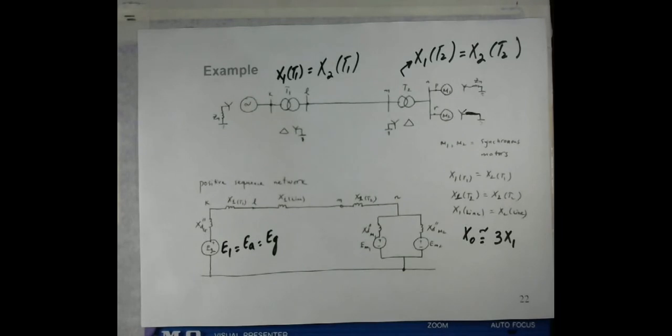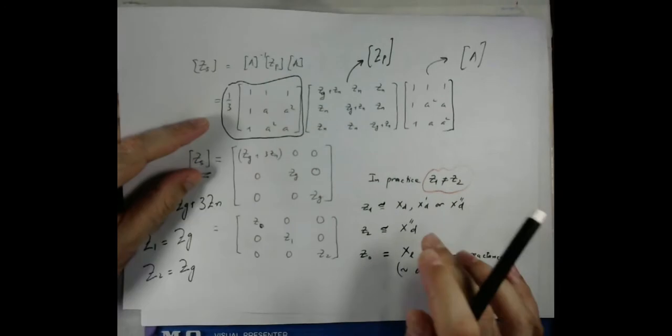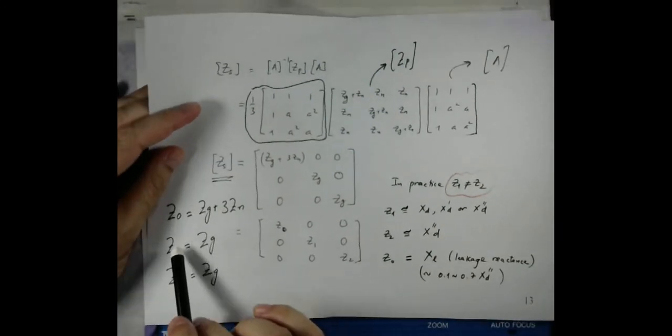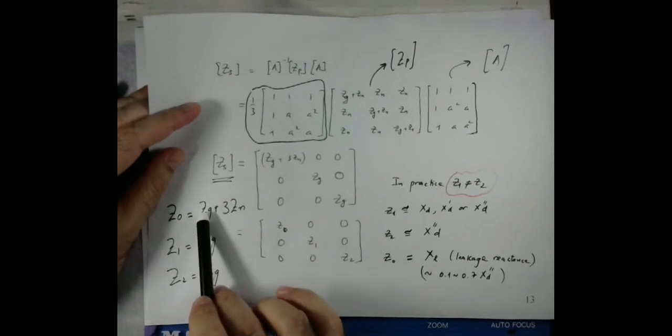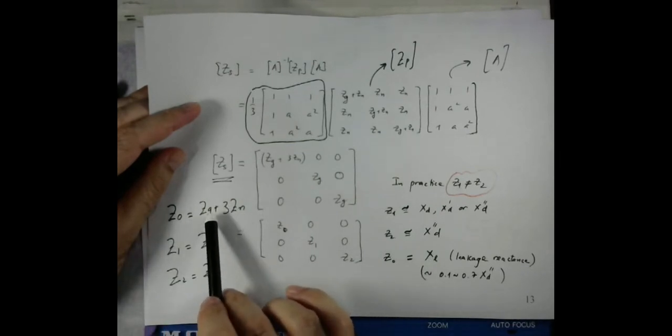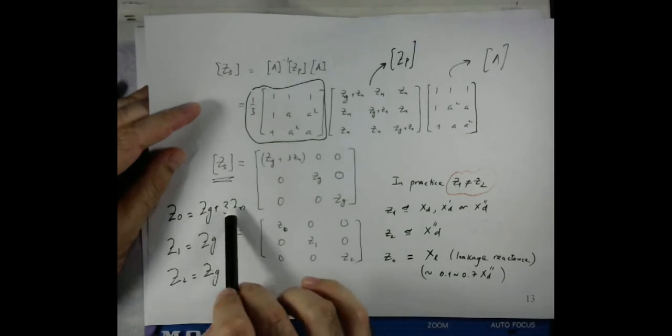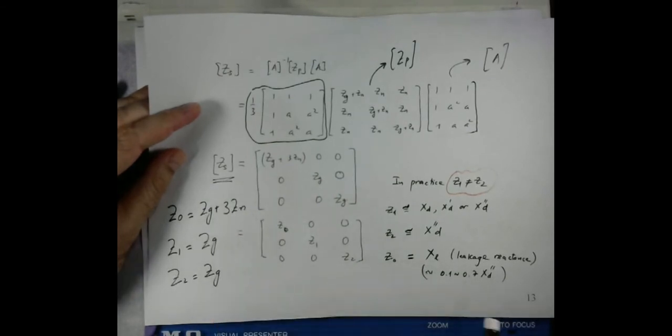And if you also remember, when we were discussing the synchronous generator, we discussed that theoretically the positive and negative sequence impedances are the same, and the zero sequence impedance is equal to the phase impedance Z plus 3Zn, where Zn is the impedance to the ground.